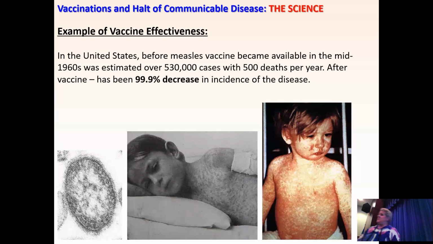We all do, especially if it's a very bad virus, but definitely kids and elderly people whose immune system's kind of weakening. So a lot of cases with 500 deaths per year, and I think that's extremely conservative. After the vaccine, a 99.9% decrease in the incidence of measles, mumps, and rubella. In fact, we had it almost eradicated until rather recently.